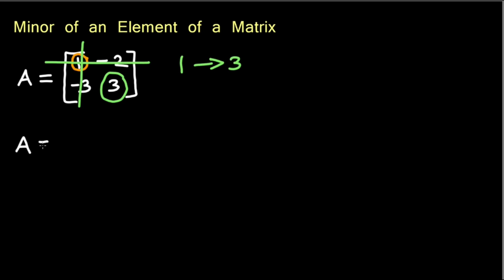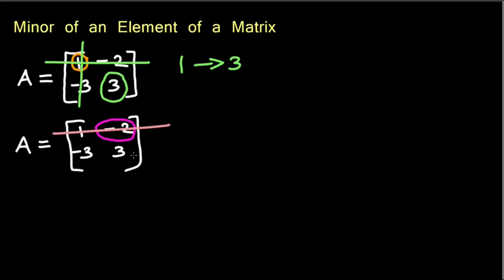Next, suppose we want to find the minor of the second element, minus 2. Then we have to hide the first row and second column, and what remains is minus 3. So the minor of element minus 2 will be minus 3.